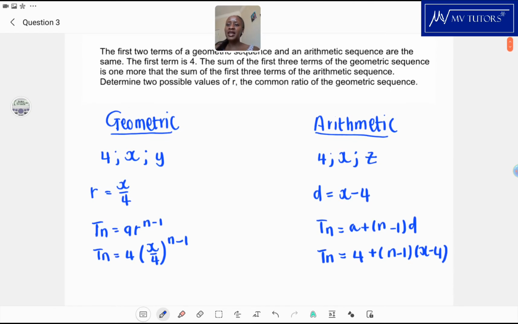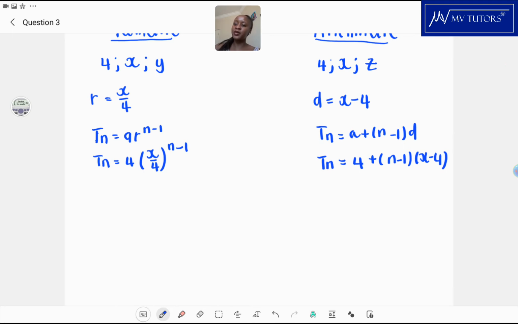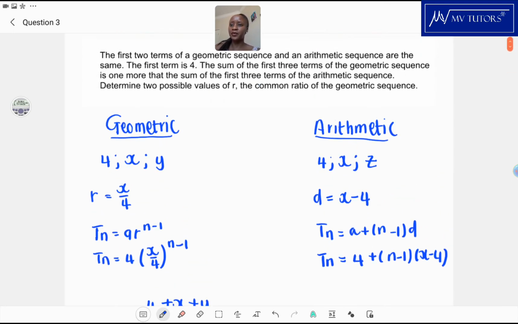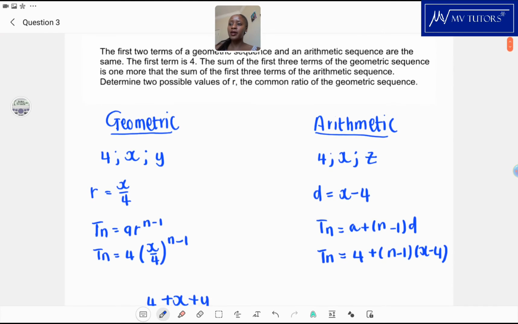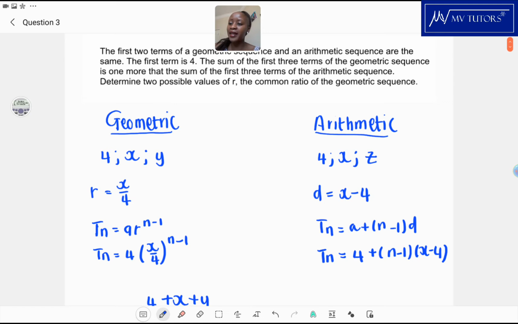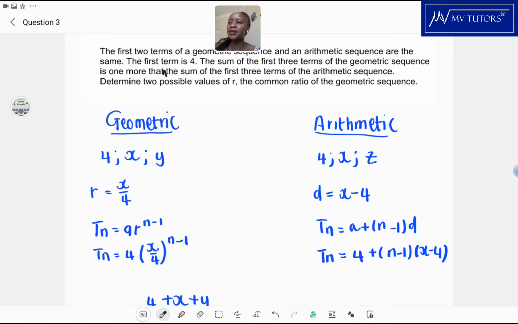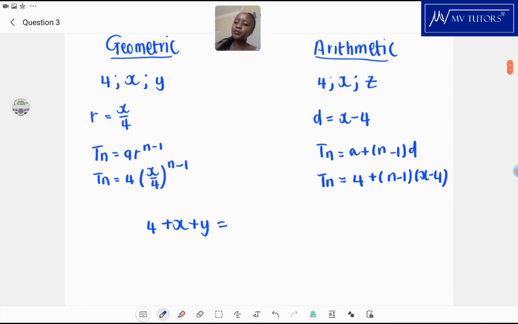So the sum of the first 3 terms of the geometric sequence, 4 plus x plus y, is equal to 1 more than the sum of the first 3 terms of the arithmetic sequence. So 4 plus x plus z.